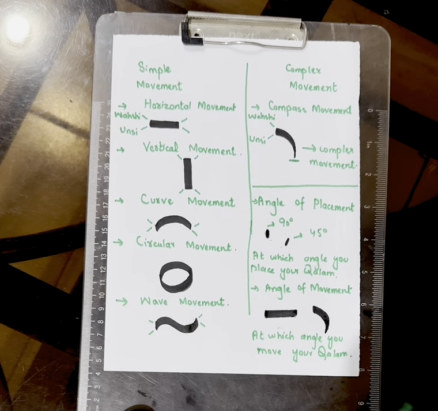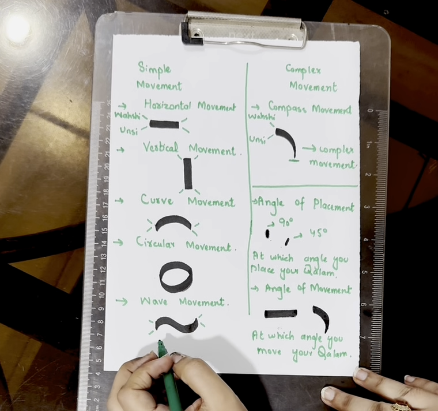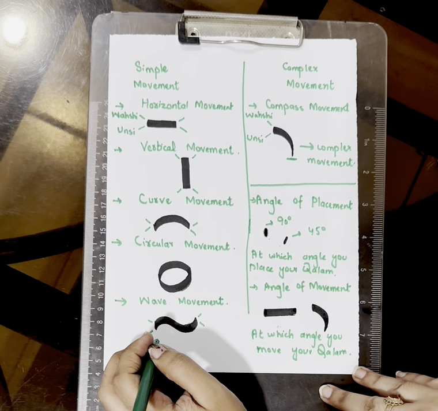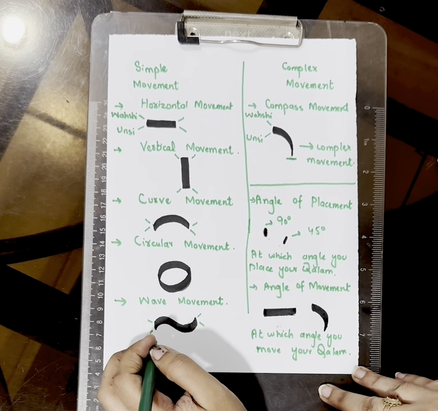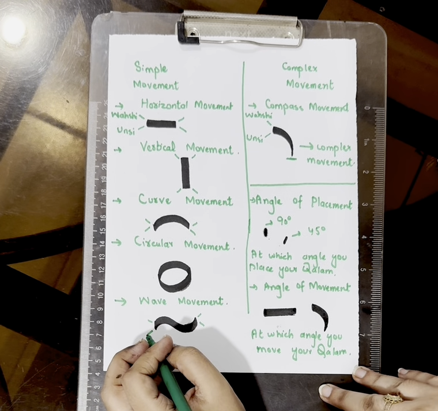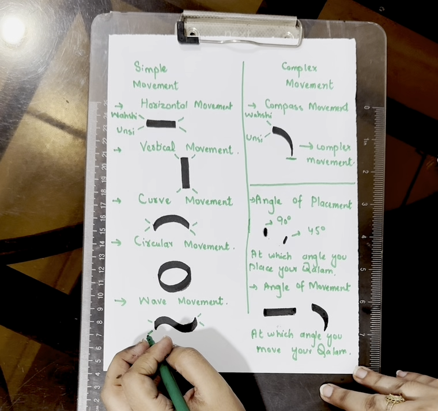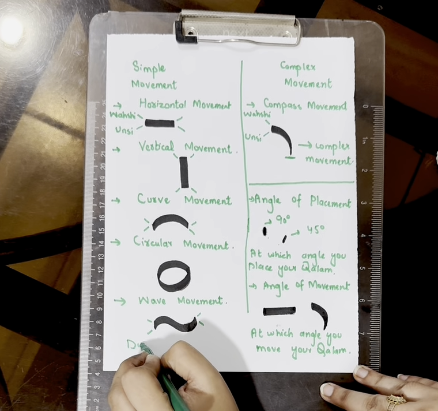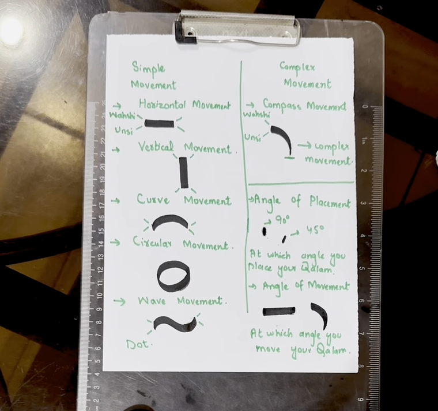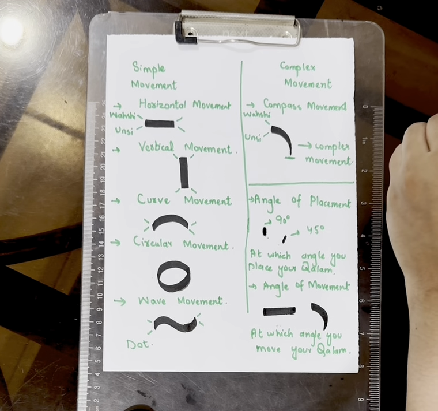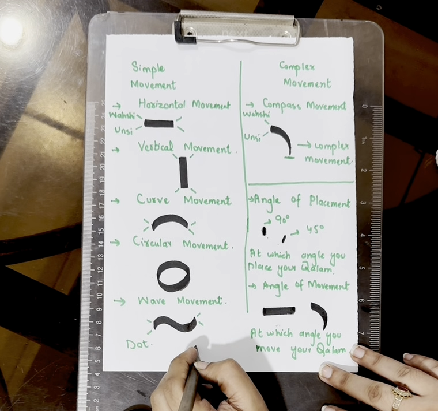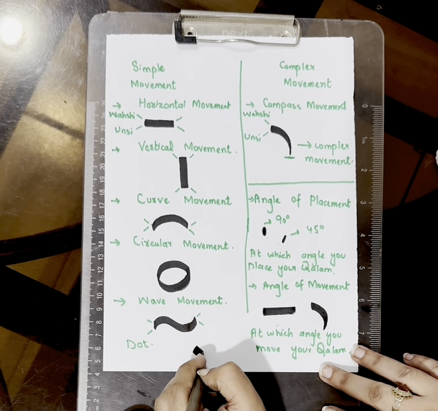Now, in coming lectures, we will follow the dot system for kalam writing. So, the angle of the dot is: place your kalam at the 45 and move downward.